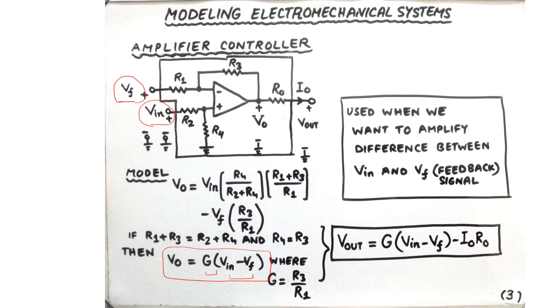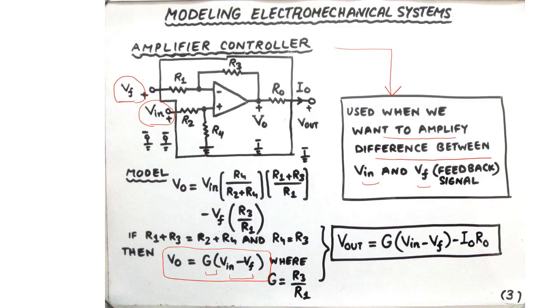And once again, the output of the amplifier controller is going to be fed to the input of the DC motor. Such an amplifier controller is particularly useful when we want to amplify the difference between the two inputs. So in this case, we have input V in and the other input is Vf.